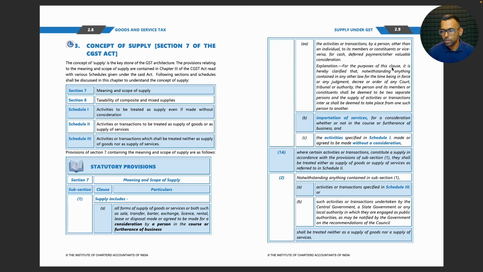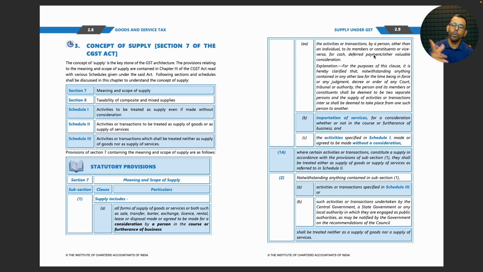For the purposes of this clause, it is hereby clarified that notwithstanding anything contained in any other law for the time being in force or any judgment, decree or order of any court, tribunal or authority, the person and its members or constituents shall be deemed to be two separate persons, and the supply of activities or transactions inter se shall be deemed to take place from one such person to another, other than individual to its members or constituents or vice versa, by a person to its members or constituents.